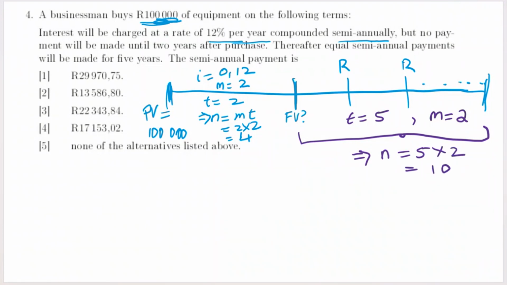That's the information that you are getting here. And then the interest is for the whole period. So the interest here is equal to 0.12, and it is compounding semi-annual.